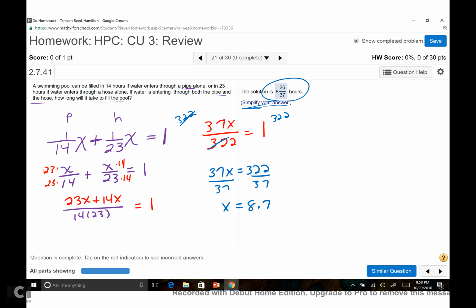I don't really know how you're supposed to know that from simplify your answer, but what you have to do on this is, at least with the calculator, you know that it went 8 whole times. 8 times 37 is 296. 322 minus 296 is 26.